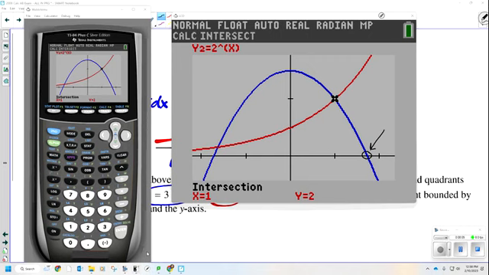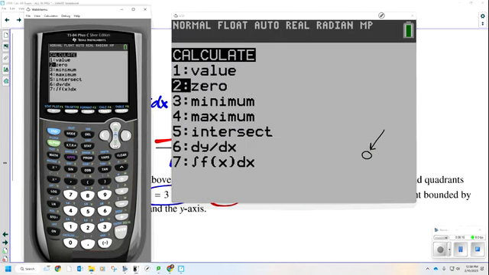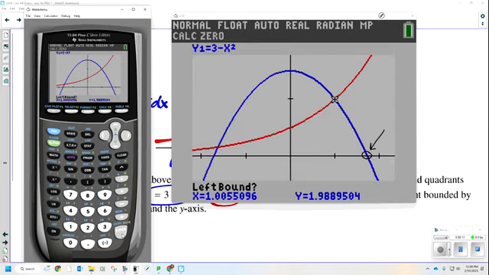Again, I'm going to use my calculator, second trace, and I'm going to pick the 0 function this time. And I need to be to the left of it and hit enter. So I'm going to just move to the right, anywhere, as long as I'm to the left of my 0. Right there, and I hit enter. Now I'm going to go to the right of the 0 and hit enter one more time.